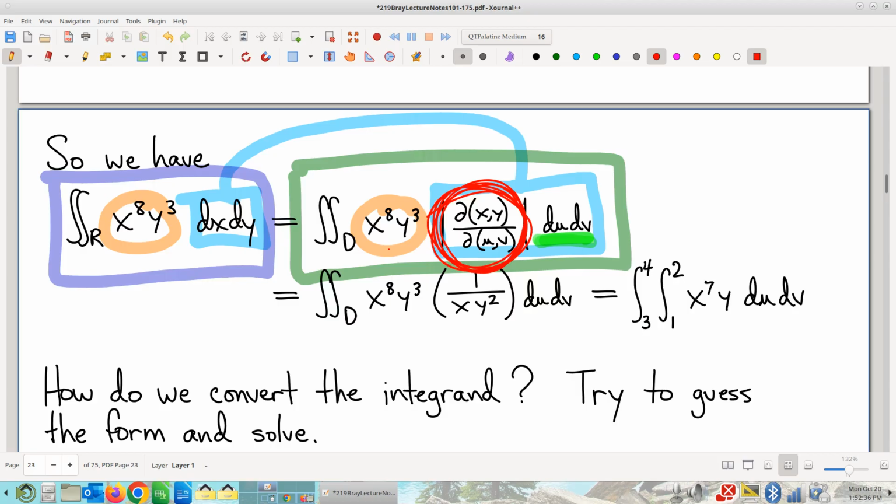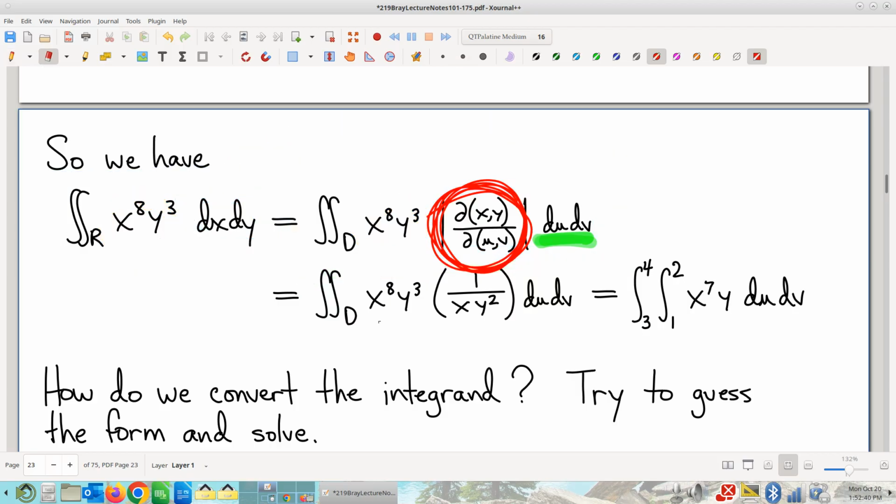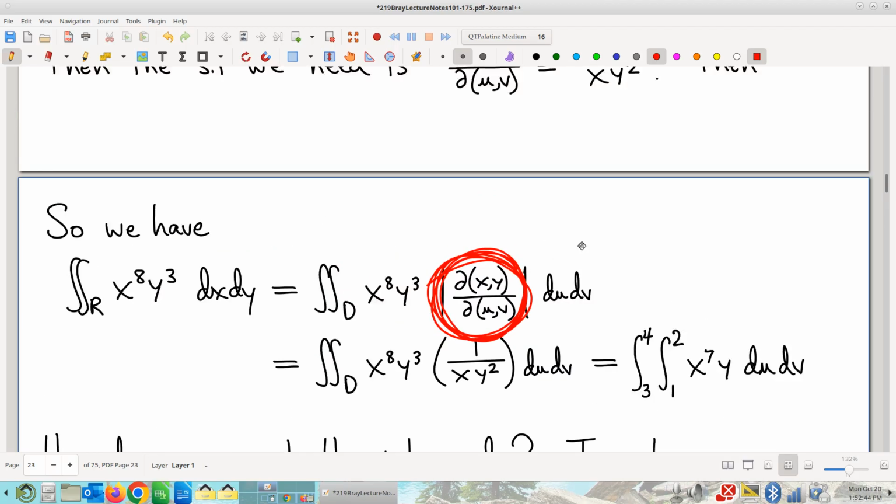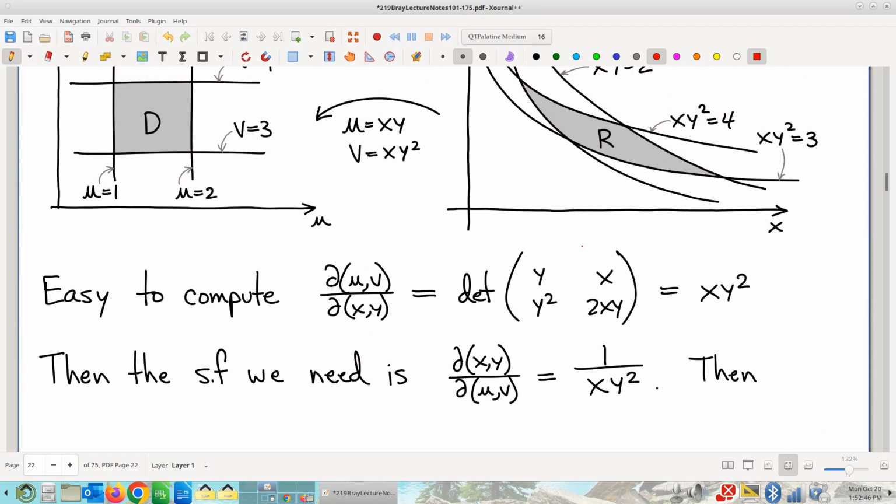Okay, so now having identified that we need partial xy, partial uv, let's come back over to here and realize I don't have formulas for x and y in terms of u and v. It's not given. Side note, I'm of course aware that yes, we could solve for x and y.